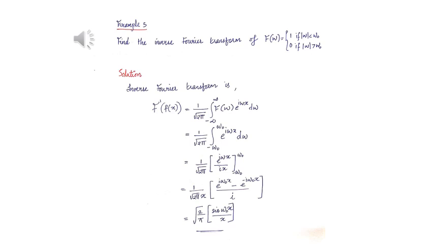That is 1 by root 2 pi integral minus omega naught to omega naught e raised to I omega x d omega. So after integrating and applying the limit, we will get the final answer root 2 by pi sin omega naught x divided by x. As this is the inverse Fourier transform, the function we obtain will be in terms of x, whereas the function we obtain in the Fourier transform will be in terms of omega.